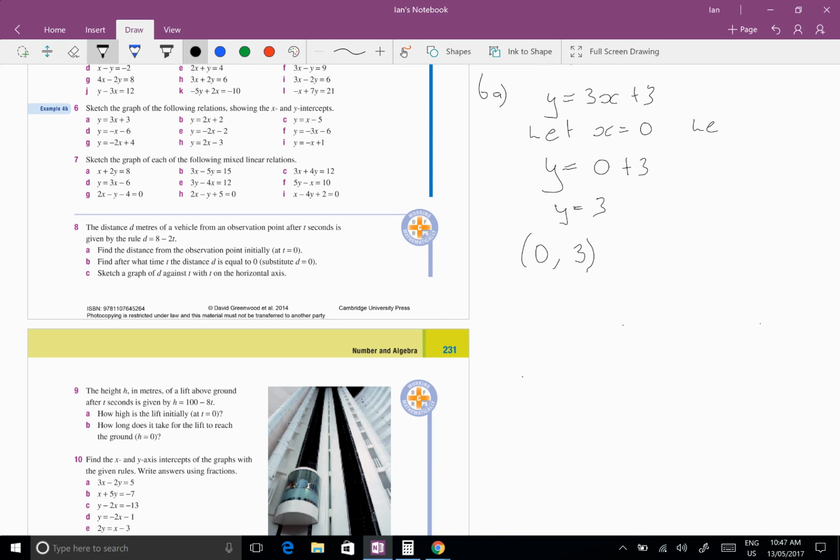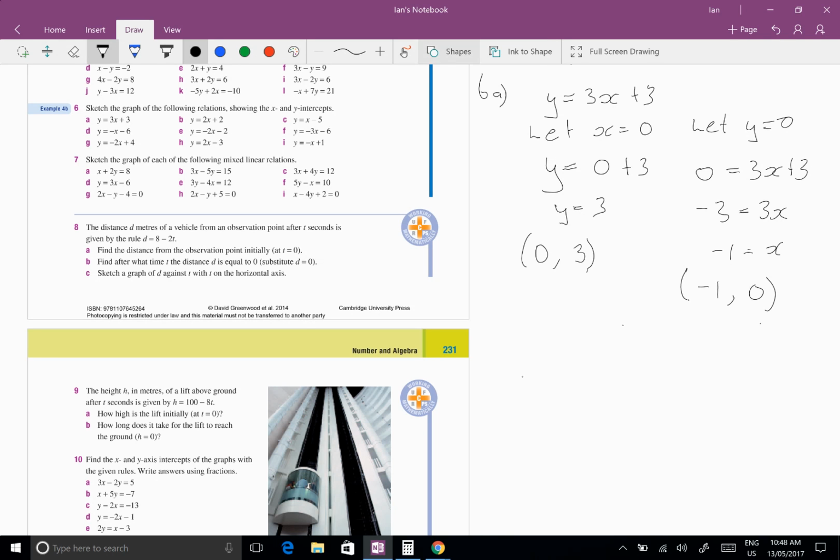Let's let y equals 0, and we get 0 equals 3x plus 3. Well, we'll minus the 3, we'll get 3x equals negative 3, and we'll divide by the 3, and we'll get x equals negative 1. So we get negative 1 and 0.